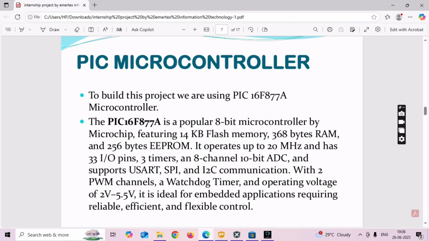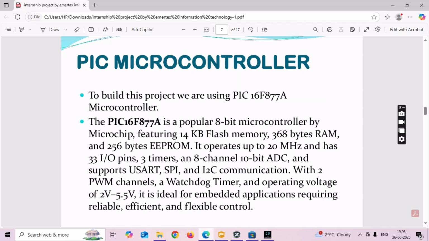PIC16F877A. It is a popular 8-bit microcontroller by Microchip featuring 14 kilobyte flash memory, 368 bytes RAM and 256 bytes EEPROM. It operates up to 20 MHz and has 33 input-output pins, 3 timers and an 8 channel 10-bit analog to digital converter.